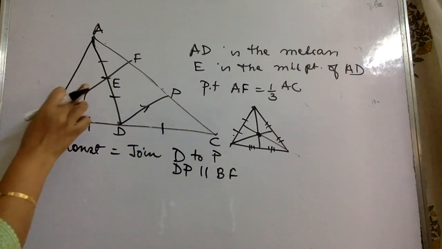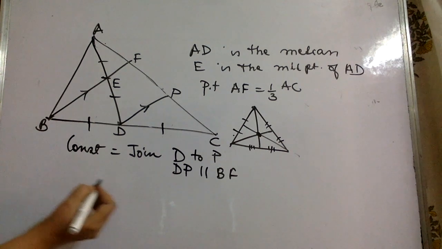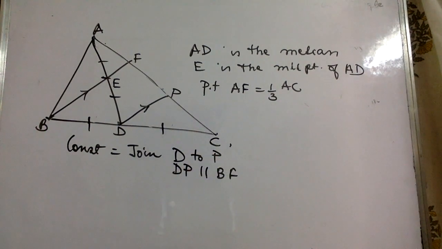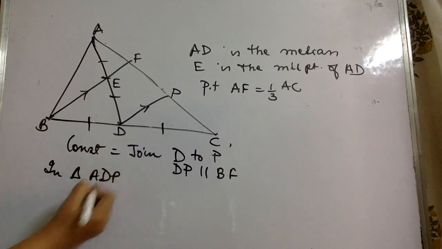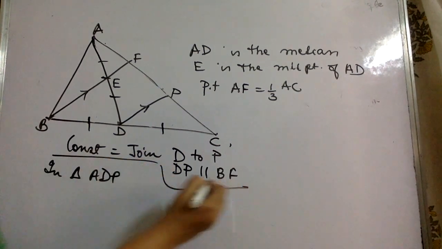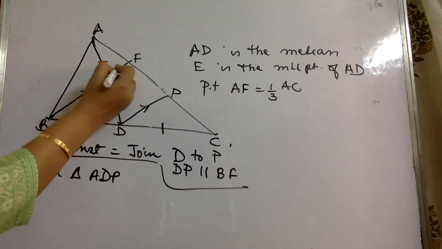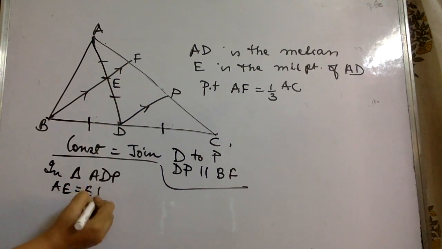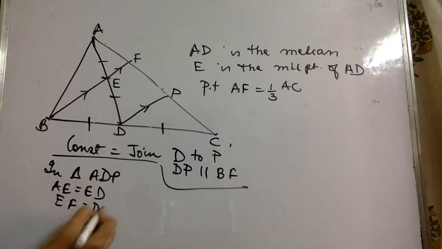Now if we look at triangle ADP, in that triangle we have AE equal to ED, and EF is going parallel to DP.